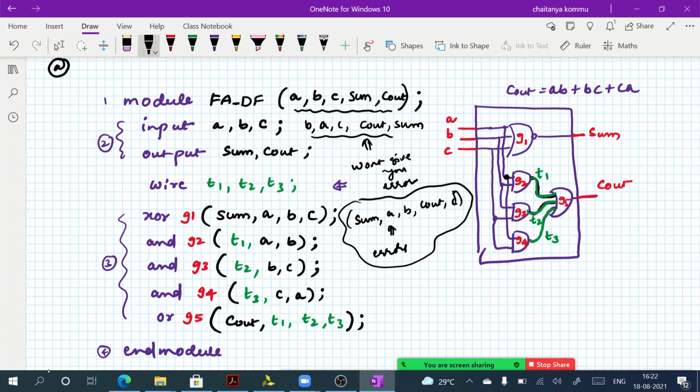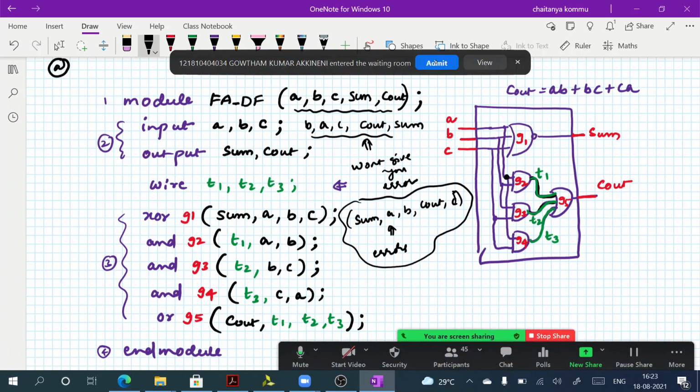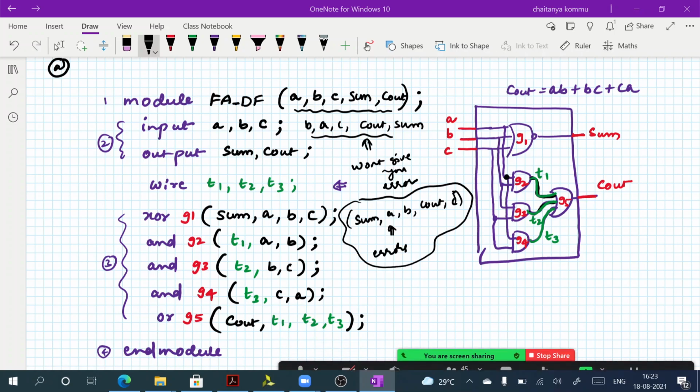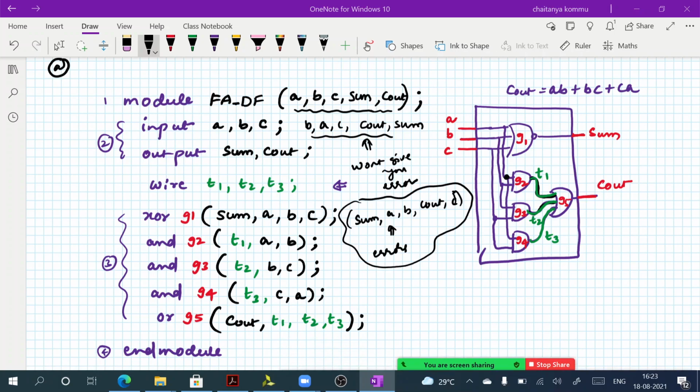Therefore, Verilog provides a provision so that there is no need to go for the gate level circuit. If you know the equations, based on the equations, you can model the circuit. The input output behavior is represented by the mathematical equation.